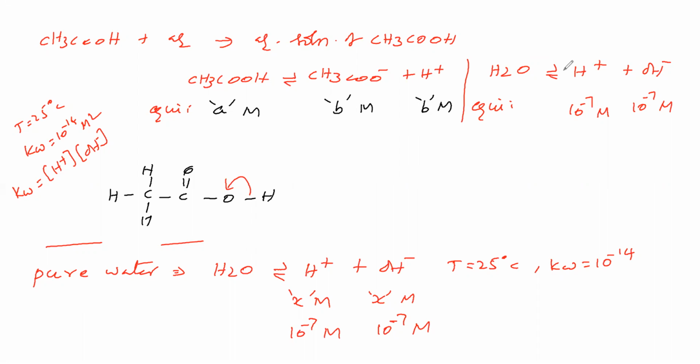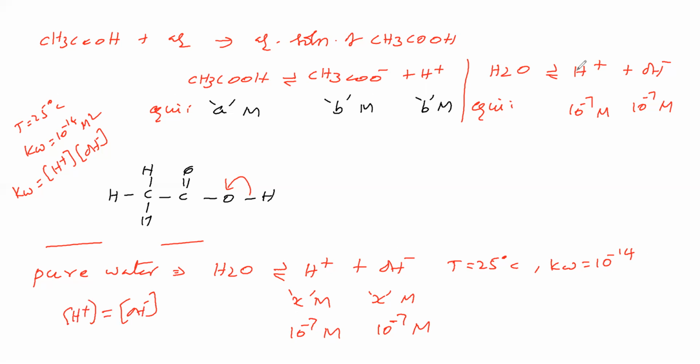Now the question is, in pure water at 25 degrees Celsius, Kw is 10 power minus 14, the H plus concentration is 10 power minus 7 molar, and the OH minus concentration is 10 power minus 7 molar. In pure water, the concentration of H plus equals the concentration of OH minus. Now we have taken an aqueous solution of acetic acid at 25 degrees Celsius, Kw equals 10 power minus 14.